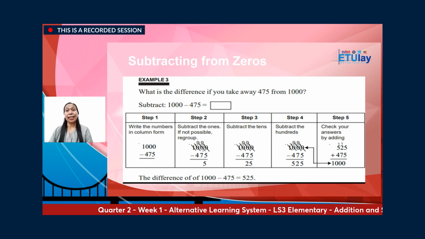We need to bring down 0 and carry 1. 2 plus 7, it's 9 plus 1, it's 10. So bring down 0 again, carry 1. 5 plus 4, it's 9. Plus 1, it's 10. So therefore, the correct answer is 1,000, which is our minuend.